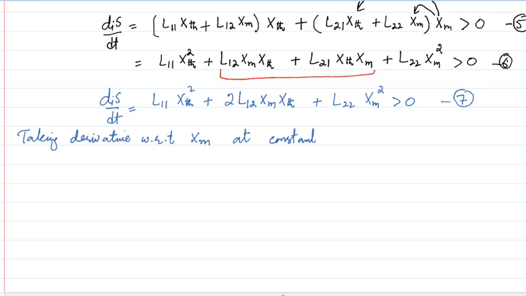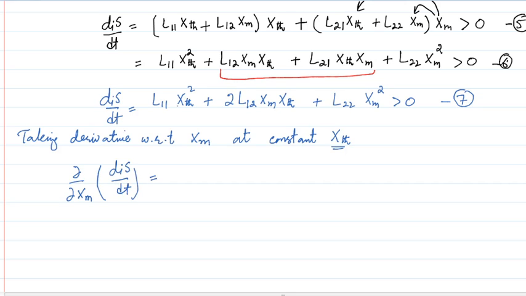We will consider this Xth as constant. So from equation 7 we will simply write the derivative with respect to Xm. We will insert here dou upon dou Xm, and we will write this entropy production per unit time here.